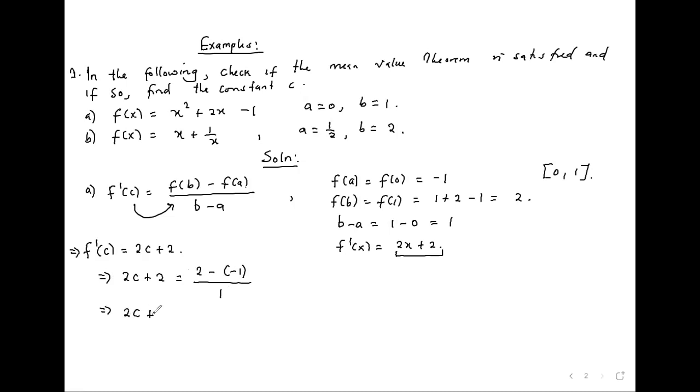So we get 2c plus 2 is equal to 3 over 1. So 2c is equal to 3 minus 2, which is 1. Divide by 2, so c is equal to half.